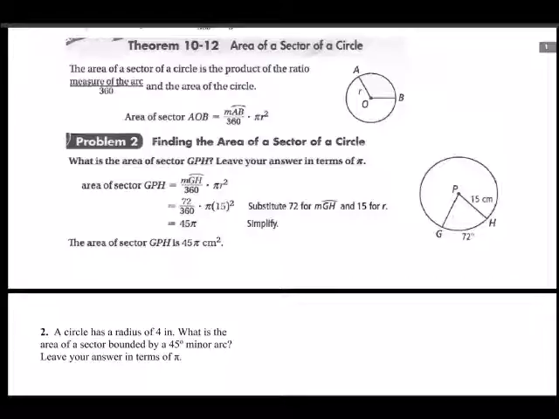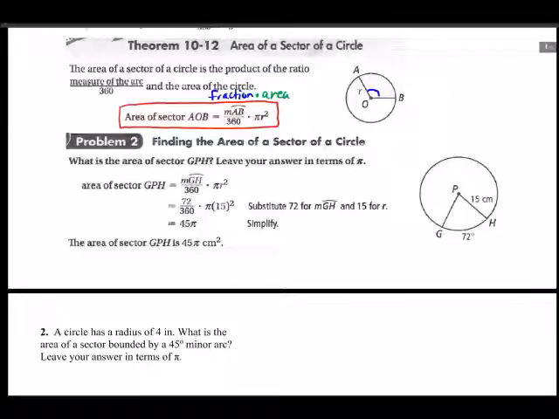The area of a sector is our fraction times the whole area. The measure of our arc over 360 is what gives us our fraction. The measure of the arc, don't forget, is in degrees, so we find the measure of that central angle, and that's our arc measure. And then this is just times the area of a circle, pi r squared.